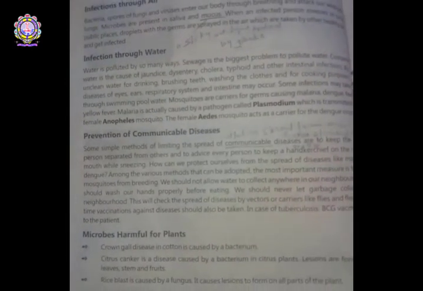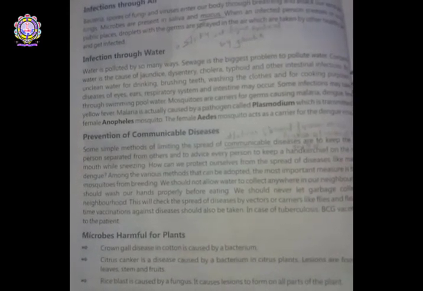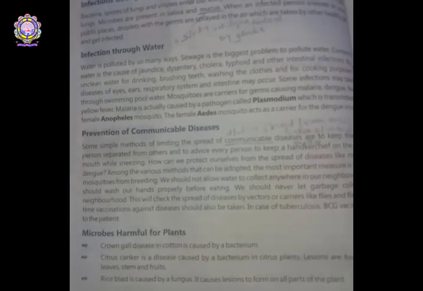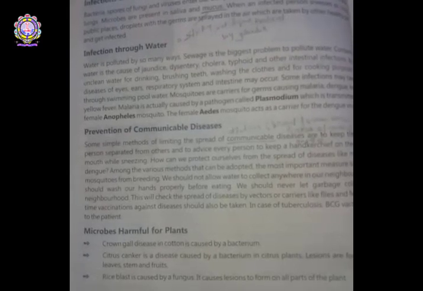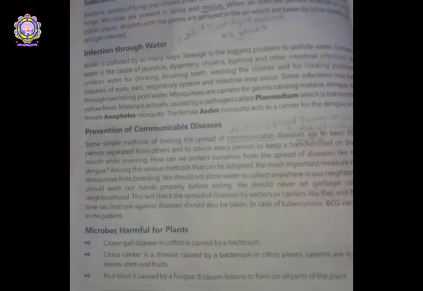Next is, how can we prevent communicable diseases? If we follow some limitations of communicability, we can prevent communicable diseases.